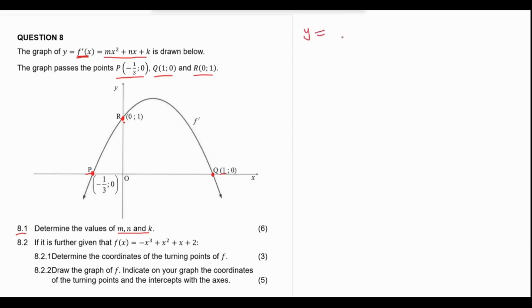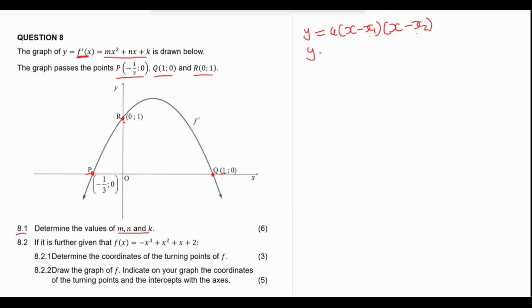y is equal to a times x minus x1, then x minus x2, where x1 and x2 are the x coordinates of the x-intercepts.